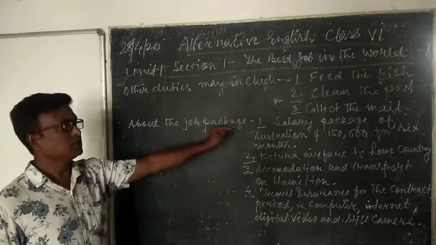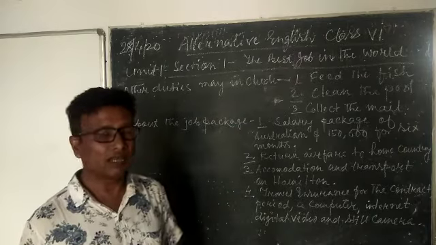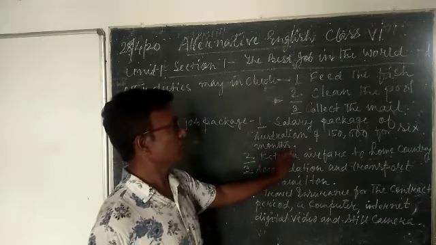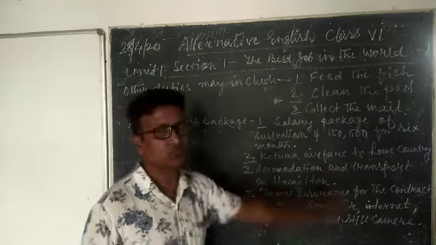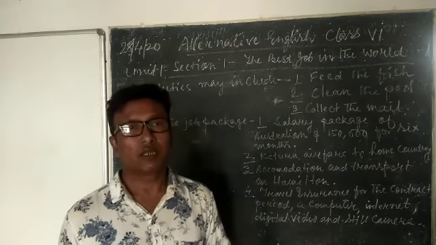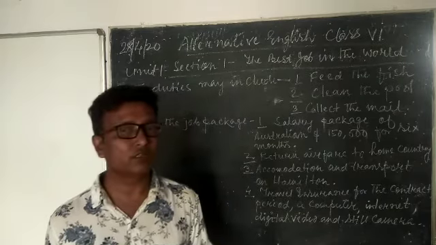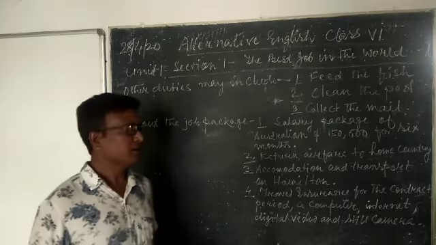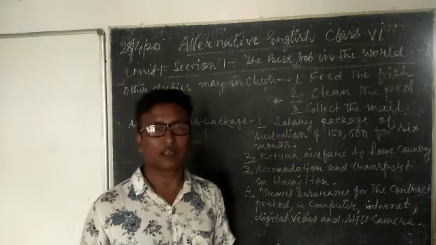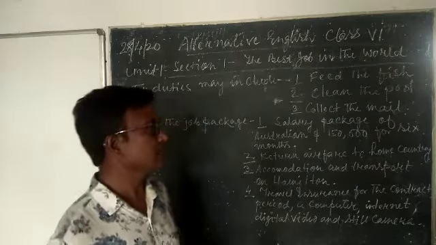Here, the best job in the world, that is island caretaker. He will have to take care of the island stay. So, the other duties may include, in the first place, feed the fish. In the Great Barrier Reef Islands, there are more than 1,500 species of fish, and feed the fish, though, it is mentioned in the lesson that the person who gets the job will not have to worry about feeding the fish there.